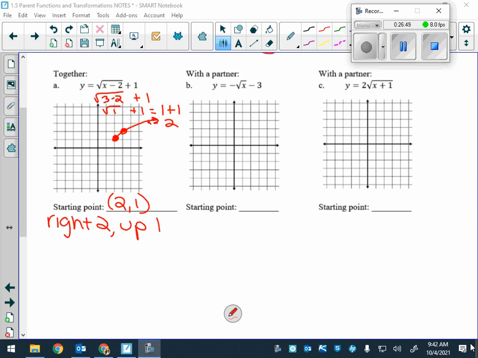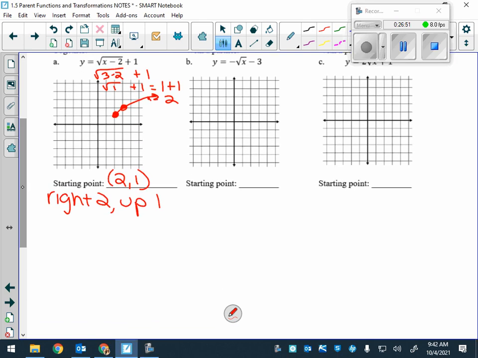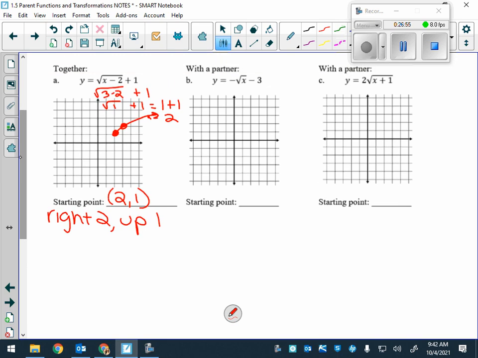All right. For B, what is my starting point? Jaden. 0, -3. What types of transformations are happening? Noelle, give me one. Reflection, good.